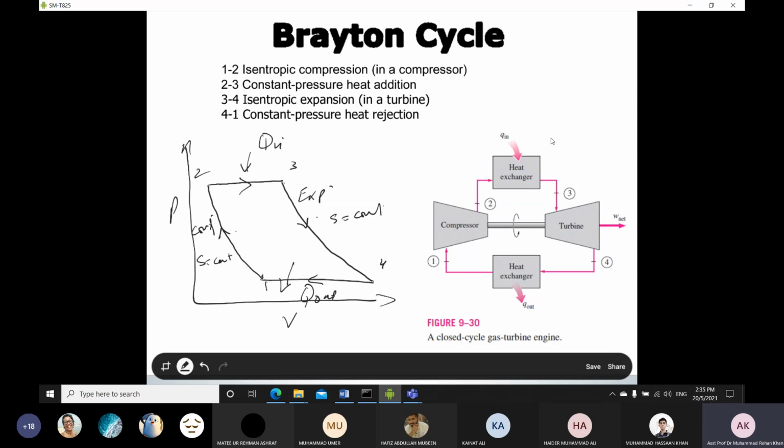So you have to draw it, and we will move towards the development of the efficiency equation, because our main target is to find the efficiency of the cycle which is associated with gas turbines. So we will also try to grab the relation for finding the efficiency.